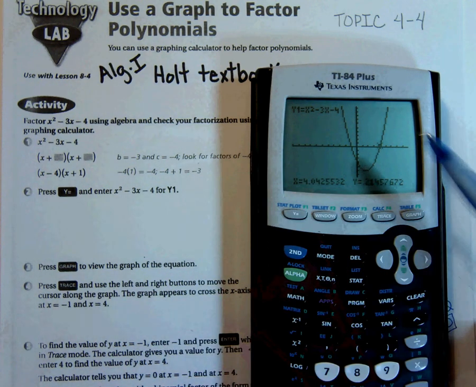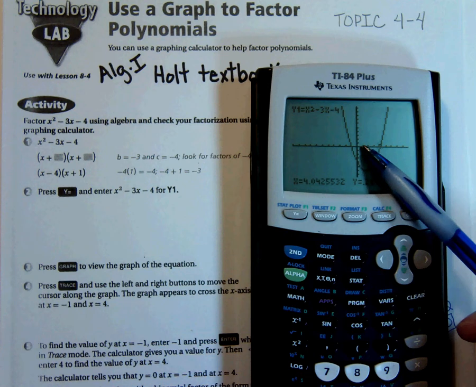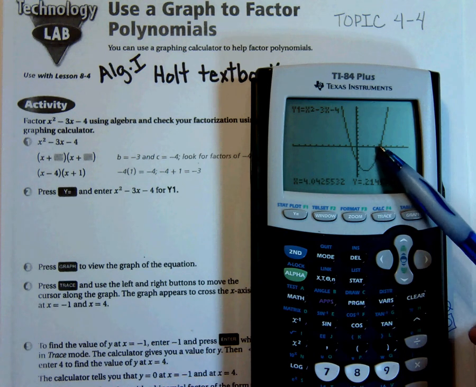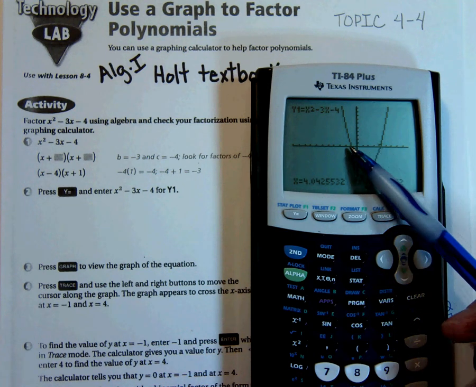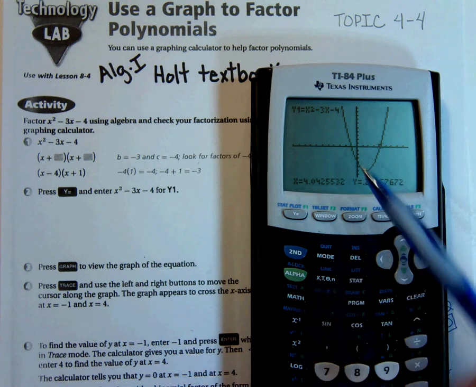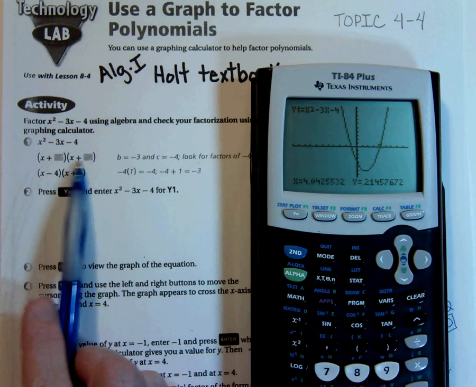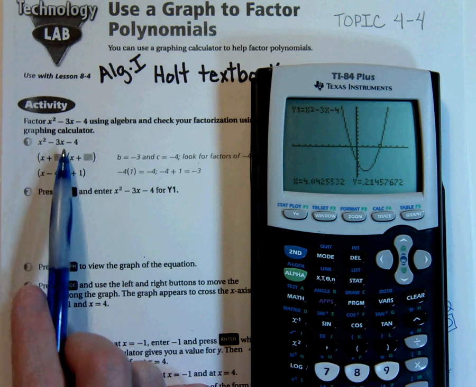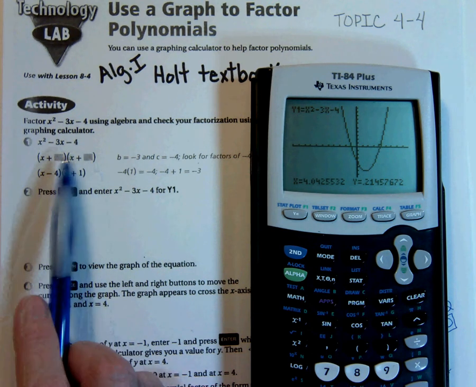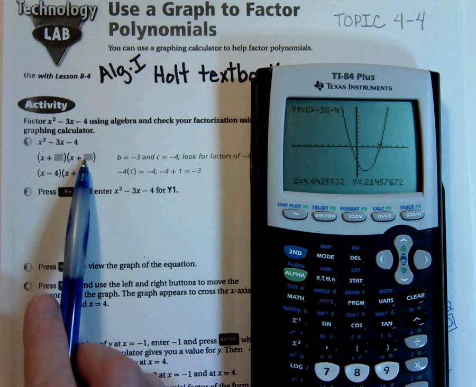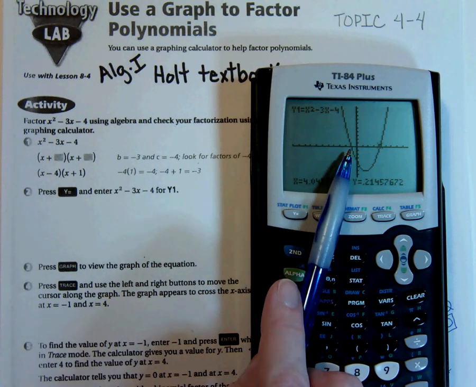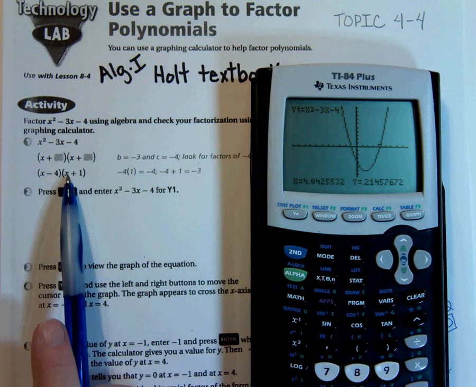But if you count the marks, this is at a positive 4 and this is at a negative 1. How you're going to put that into binomials, because you're setting it equal to 0, this is a negative 1, so it becomes x plus 1.